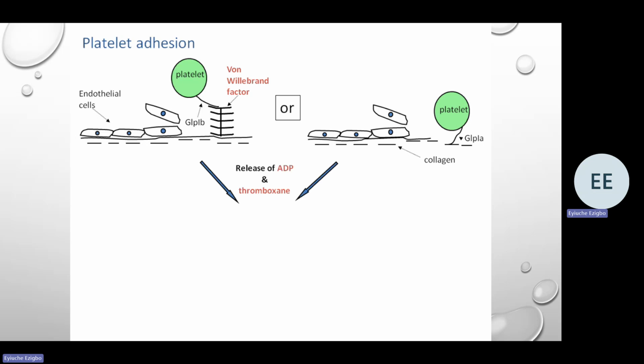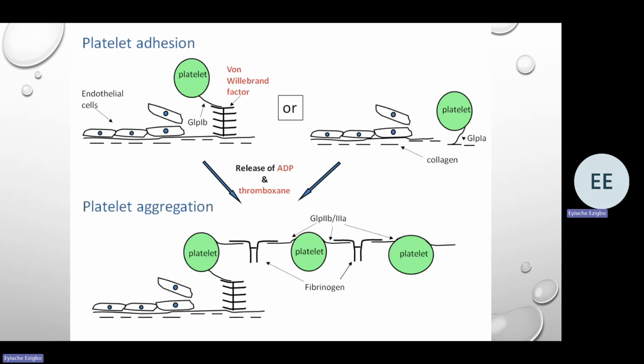When that adhesion occurs, it causes a shape change and degranulation by platelets, releasing ADP and thromboxane A2. The ADP released enhances the platelets to express another receptor which we call the glycoprotein 2B3A complex, and also the thromboxane encourages platelet aggregation.